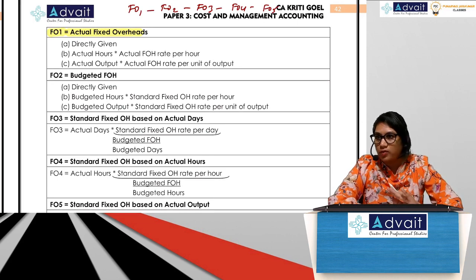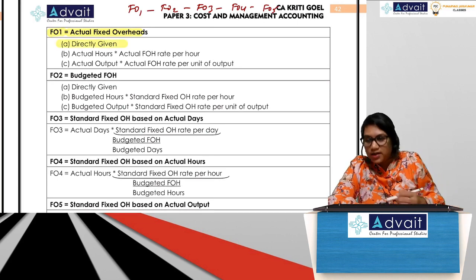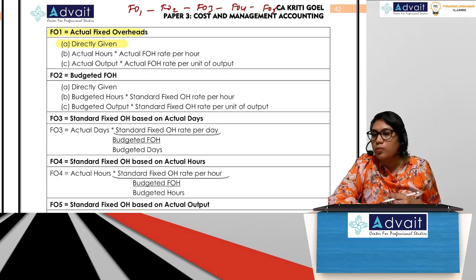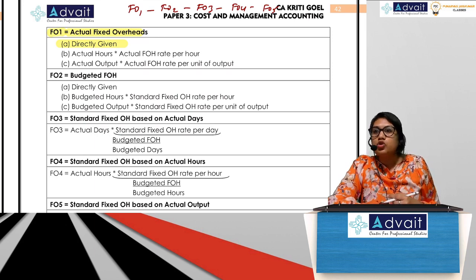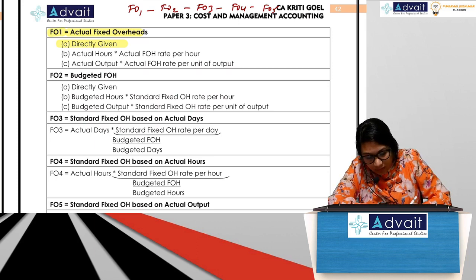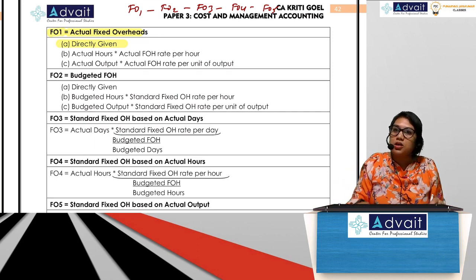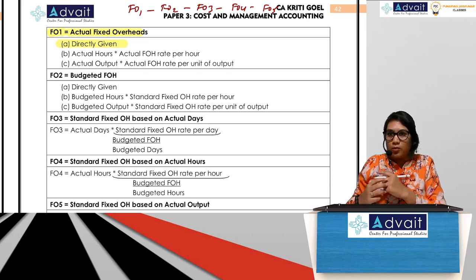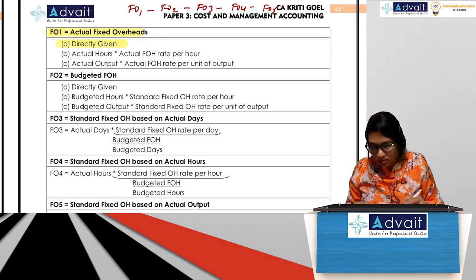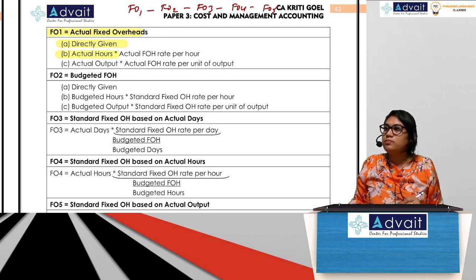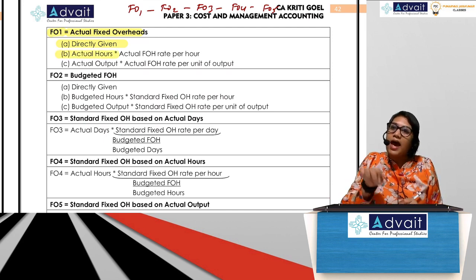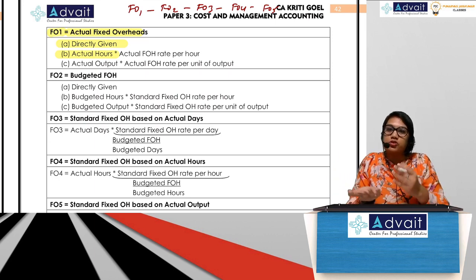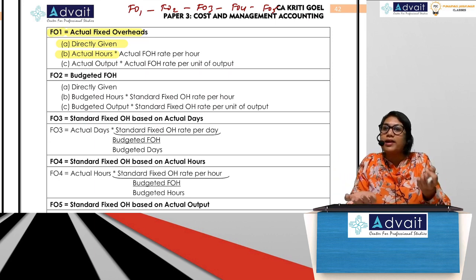Either it is directly given in the problem, or suppose it is not given, then you can calculate. You can calculate on the basis of hours, and you can also calculate on the basis of output, just like what we did for variable overhead. If you are taking hours, so actual hours, what will you multiply with? Actual fixed overhead rate per hour. Obviously, hours has to be multiplied with overhead rate per hour.